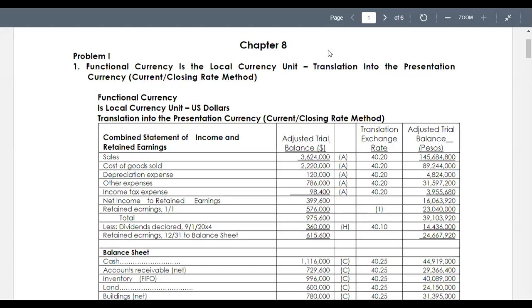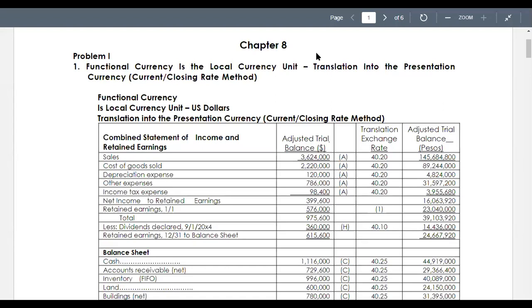Now, take note that we have these two methods to be used, and you have the discussions of this in our book. Okay, then also we have the choice of the functional currency, the applicable translation method.